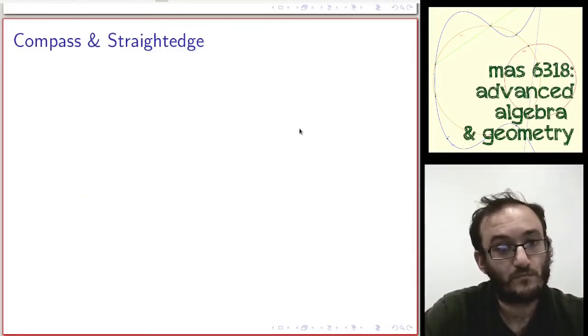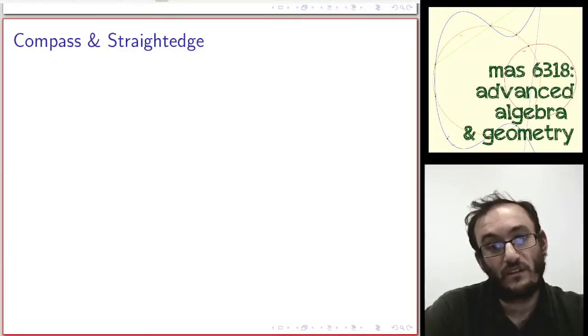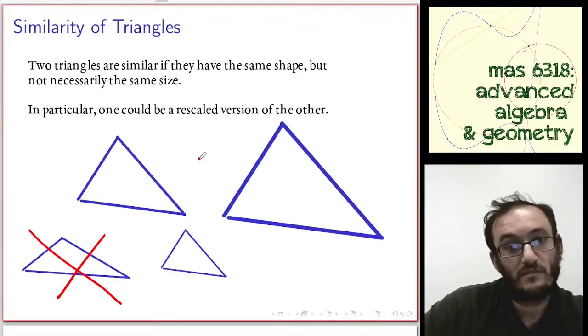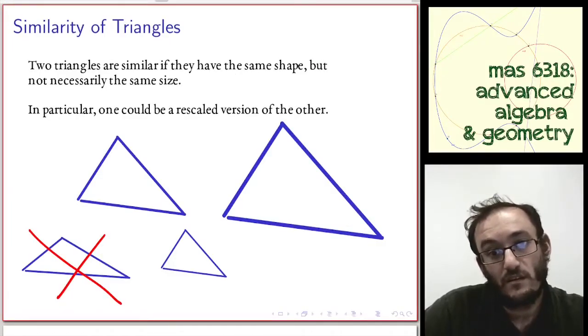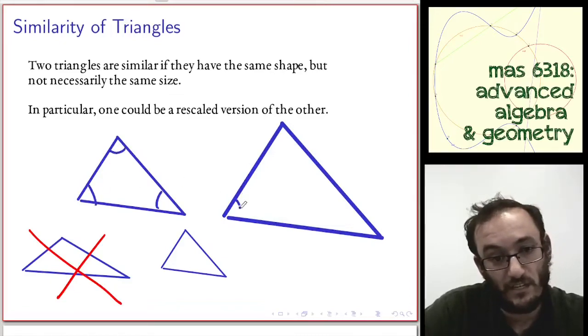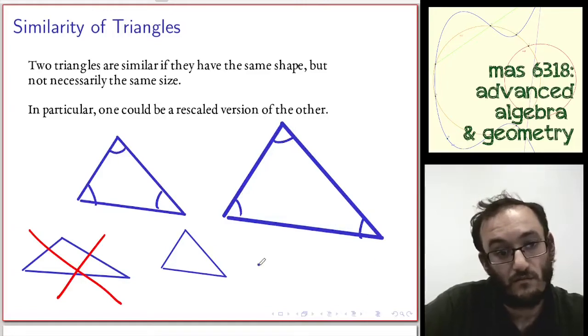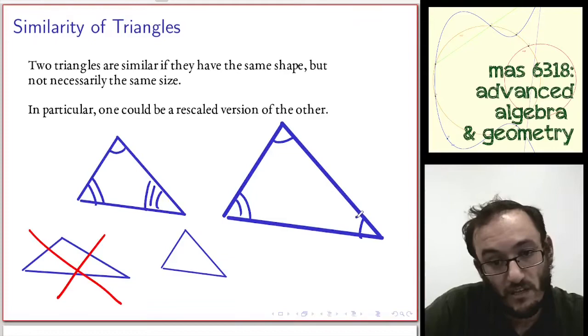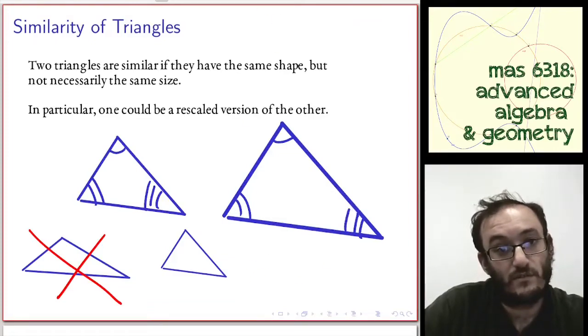Now, just one more point about similarity of triangles. You do specify the same set of angles in each of these, maybe marked with 3 lines.